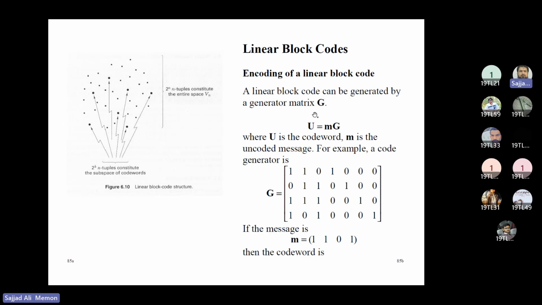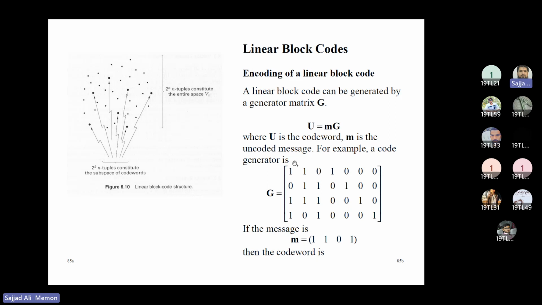A general formula is given here for the encoding of a linear block code. A linear block code can be generated by a generator matrix G, where U is the code word and M is the uncoded message.